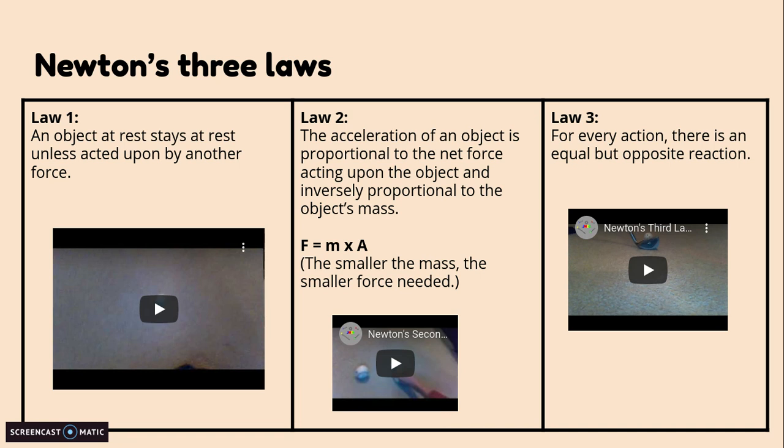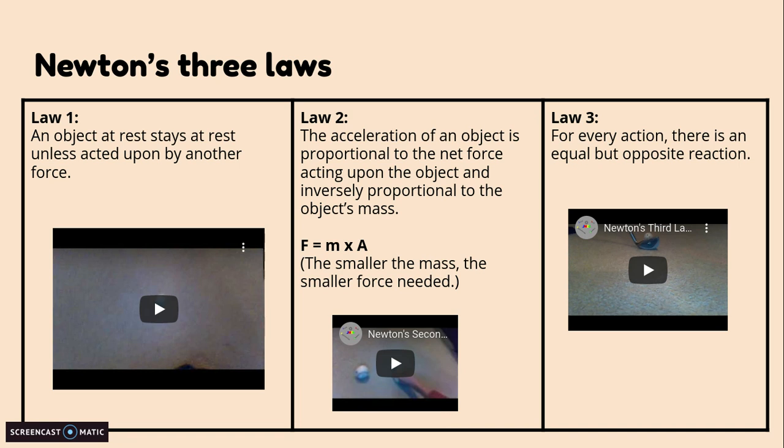Then law 2, this one is typically the hardest to understand for some people, but I explain it. So the acceleration of an object is proportional to the net force acting upon the object and inversely proportional to the object's mass.